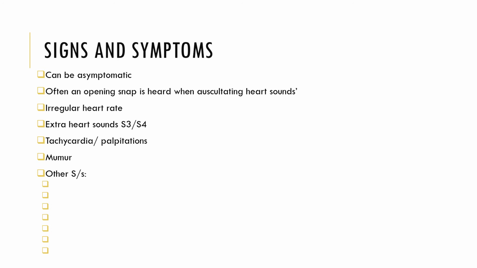Often an opening snap is heard when auscultating heart sounds. They can have an irregular heart rate. You could have extra heart sounds. They can be tachycardia. You could have palpitations and you could hear murmurs. Some other signs and symptoms would be fatigue, dyspnea, pulmonary edema, angina, and dizziness.